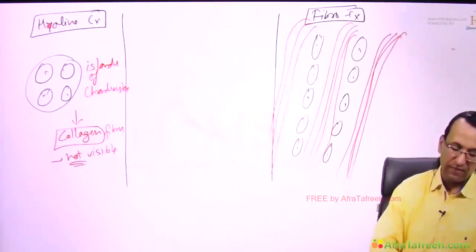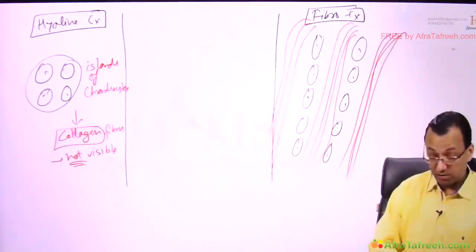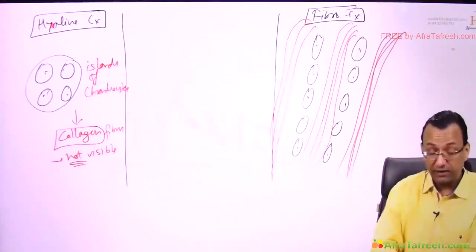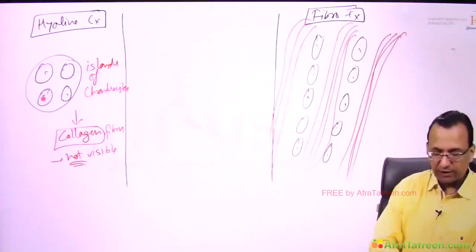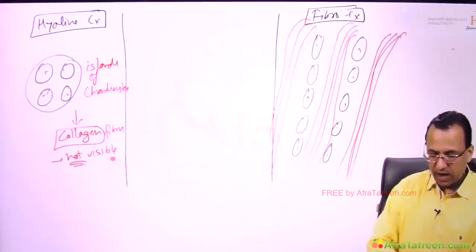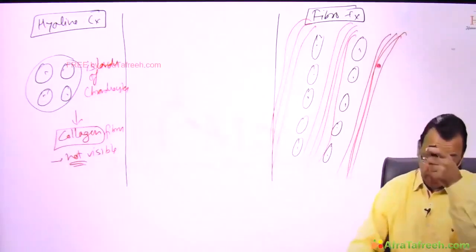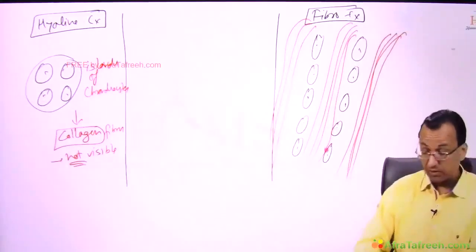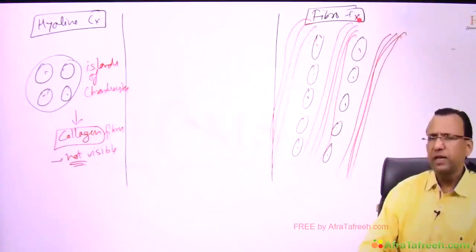Because the refractive index of the collagen fibers is the same as the matrix, so they are not visible. They are hyalose, hyaline cartilage. So a bunch of chondrocytes with no evident fibers, a hyalose appearance, is hyaline cartilage. If you have alternating bundles of collagen fibers with the chondrocytes running in lines, it is fibrocartilage.